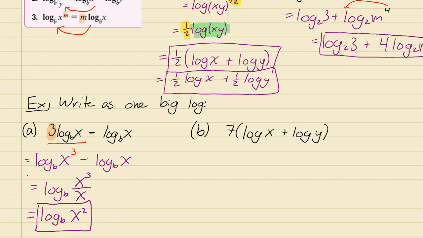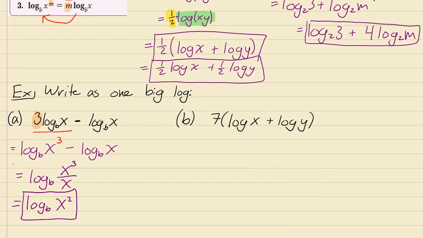And I want to point out that there's another way to do this here. So instead of doing it this way, what if we just combined like terms, said that I have 3 times something minus 1 of that. If you just combine like terms here, this would look like 2 times log base b of x.